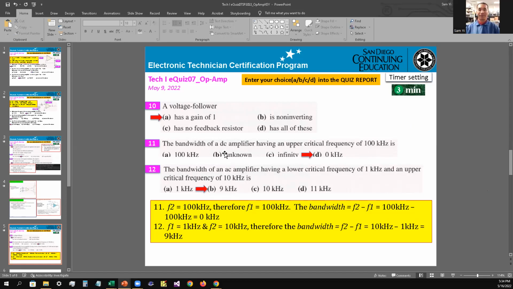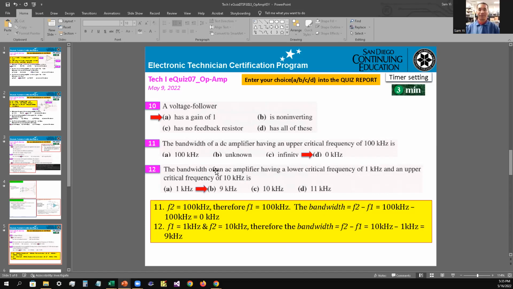If we said a low pass filter it would be something different, but this one just tells you the upper critical frequency. Therefore, F1 is also 100 kilohertz. The bandwidth is F2 minus F1, so 100 kilohertz minus 100 kilohertz yields 0 kilohertz. So the answer is D as in David for 11.